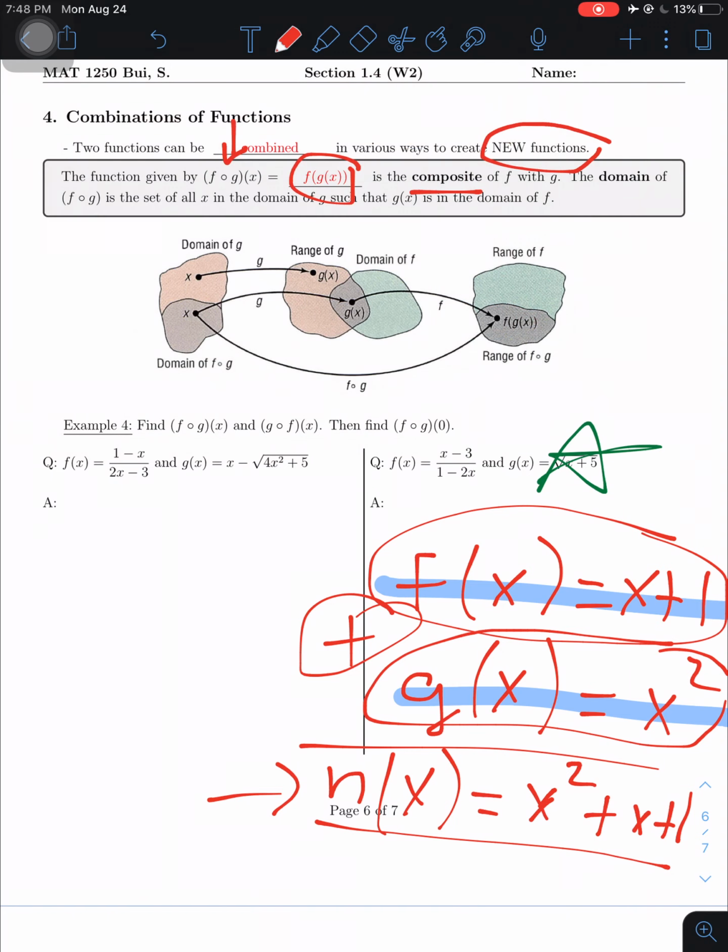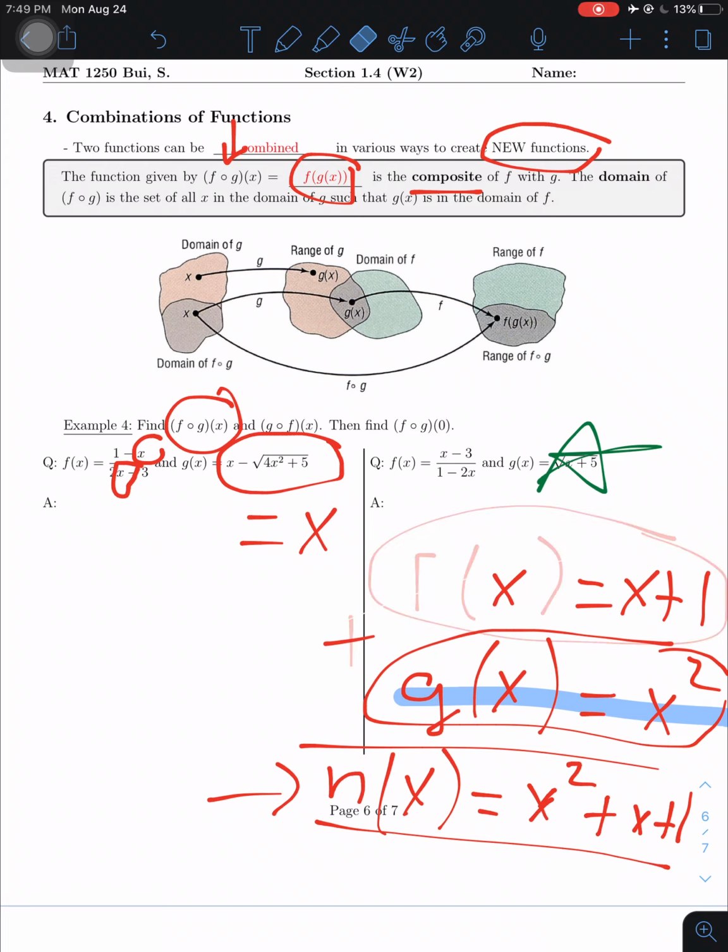All right, red. If I want to find f of g of x, first of all I'm going to treat g of x, the whole thing, like x. What do I mean by x in here? I mean this x and that x in the first function f. So first of all, let me get rid of this.